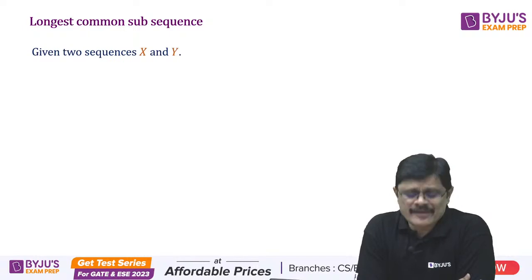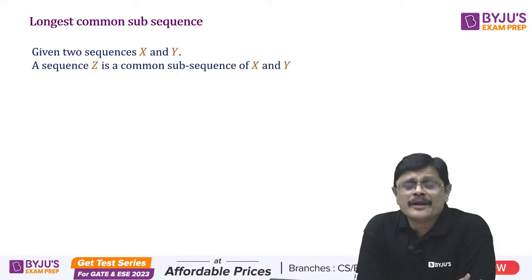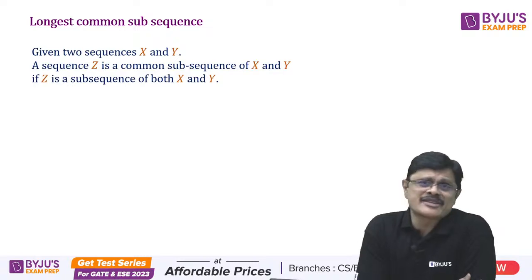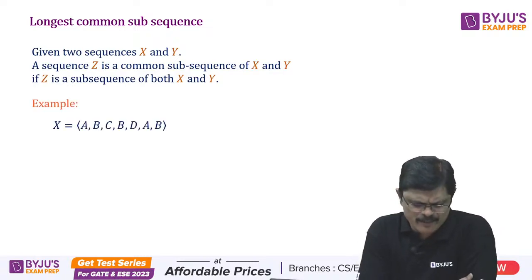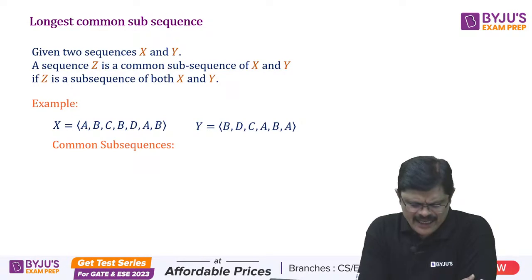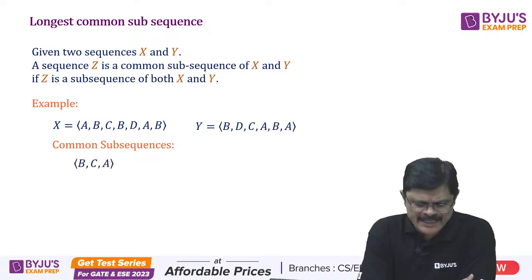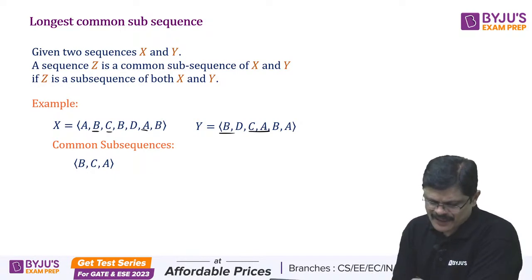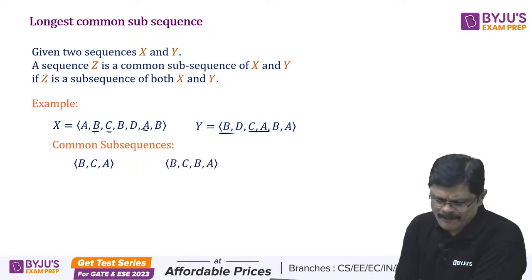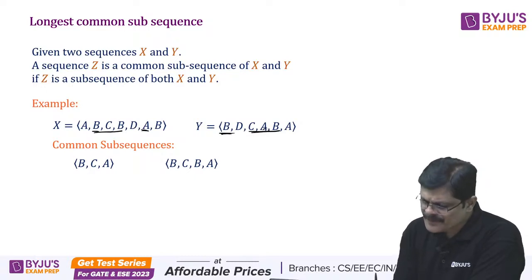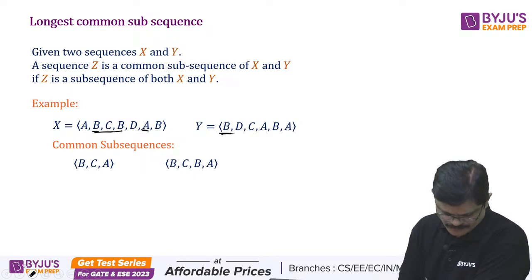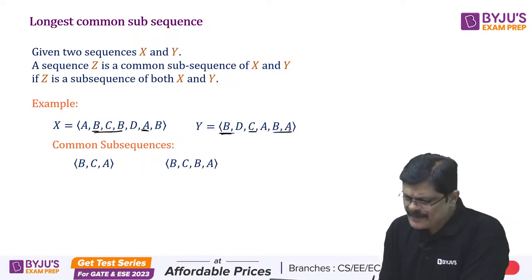Given two sequences x and y, a z is a common subsequence of x and y if z is a subsequence of both x and y, my dear friends. So some examples you can take: x is this, y is this, and some common subsequences are, say, BCA. Here also we have BCA, and we have BCBA, like that.